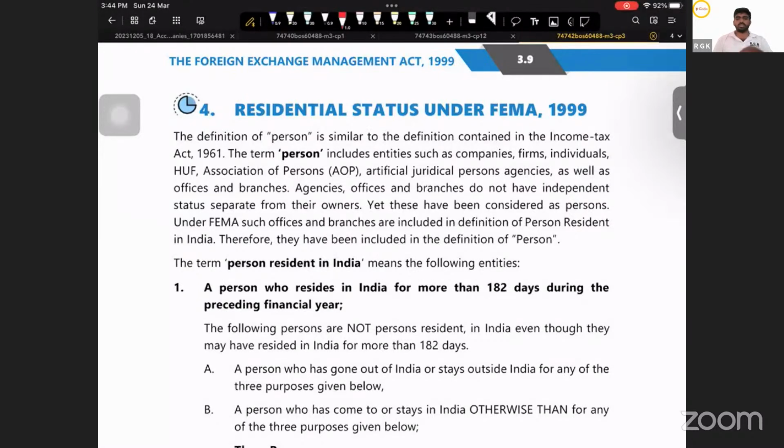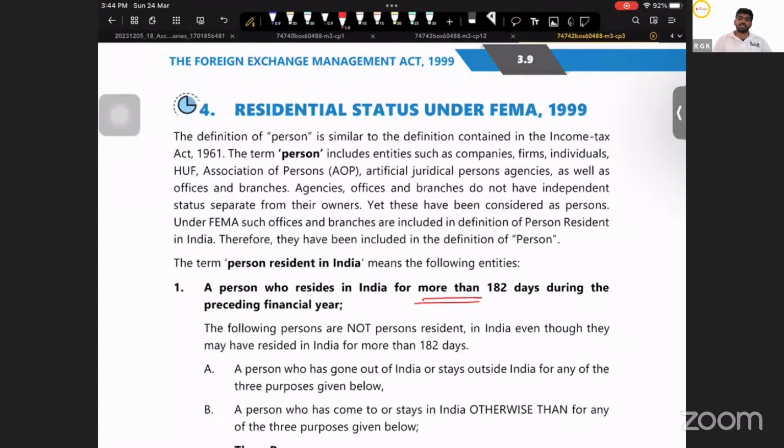If I am going to consider today a person's residential status, first I should check last year whether he was in India for 182 days or not, where a person was in India for more than 182 days. It is not sufficient if he is in India for 182 days. It should be more than. The word is specifically used as more than. It is clearly mentioned more than 182 days during the preceding financial year.